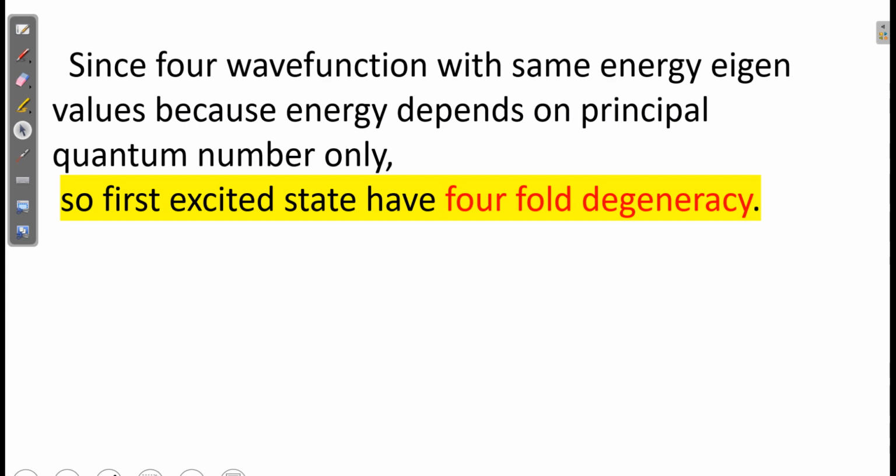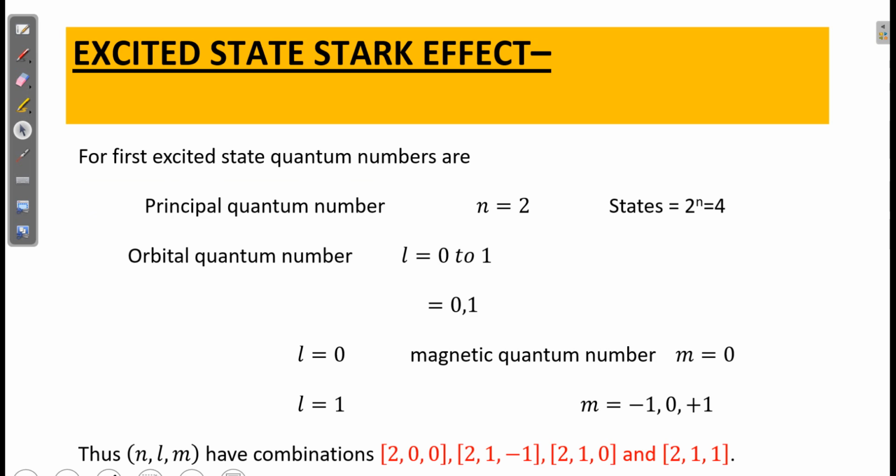The 4 wave functions psi 200, psi 21 minus 1, psi 210, psi 211 have the same energy, since energy depends only on the principal quantum number, and n equal to 2 is the same for all. So the energy will be a single value, but the wave functions are 4.